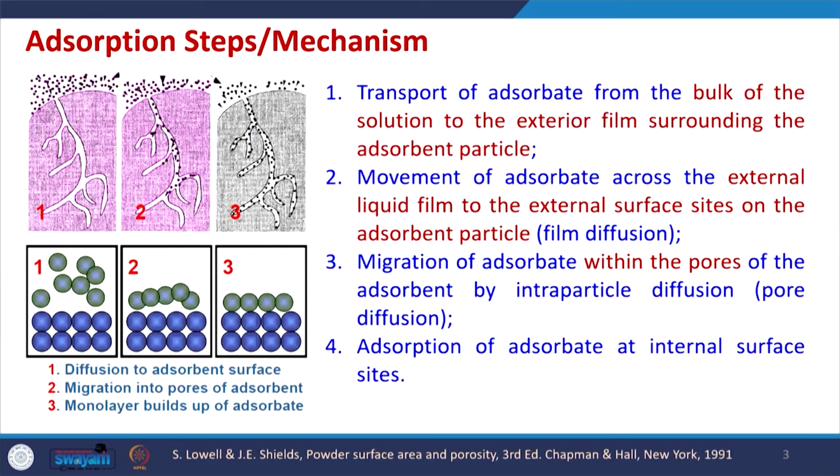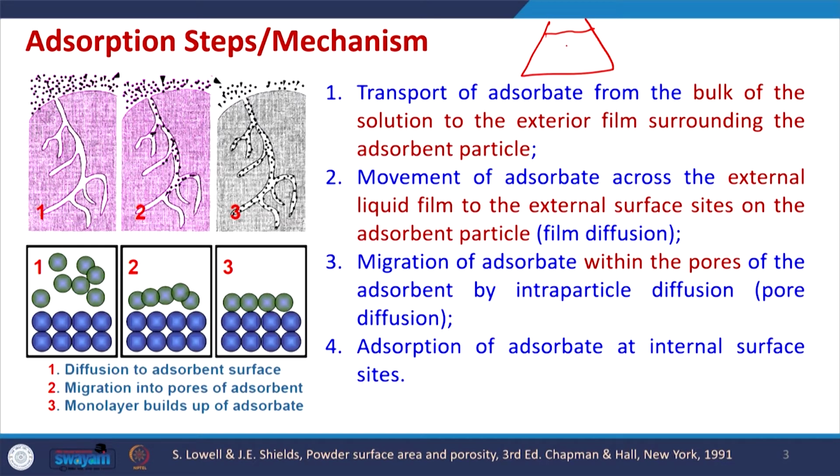For understanding this, we must go back to the previous lecture, where we discussed that suppose there is a beaker, and the beaker has a solution which contains the adsorbate which has to be adsorbed.